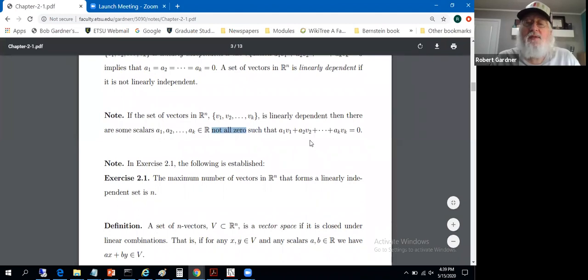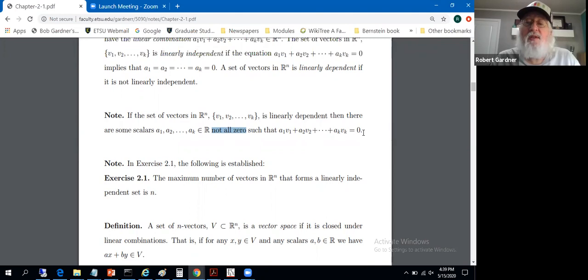Well, if that's the case, then we could take that vector, move it to the other side, and write that vector as a linear combination of the others. I always explain it like this in linear algebra: a dependent set reflects some redundance. One vector is redundant with the others. Of course, the right way to say that is one of the vectors is a linear combination of the others. Which one?